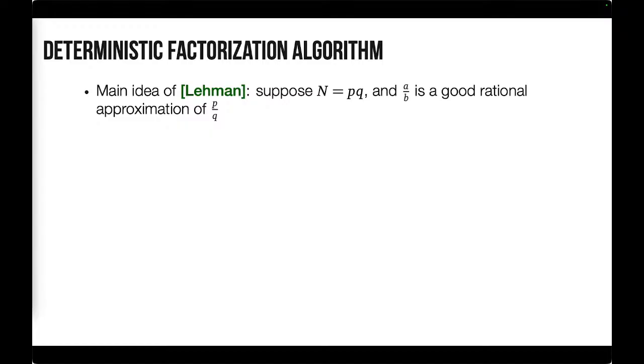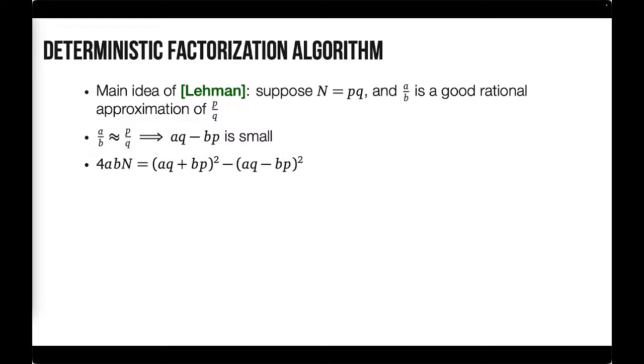And suppose you have a good rational approximation of p over q. So p over q is a rational number, of course, but you can still hope for a rational approximation with smaller numerator and denominator. This would be a over b. So a over b is about p over q, which means that, by just multiplying it out, a times q minus b times p is small. Then you can notice this simple identity, which you just expand and see.